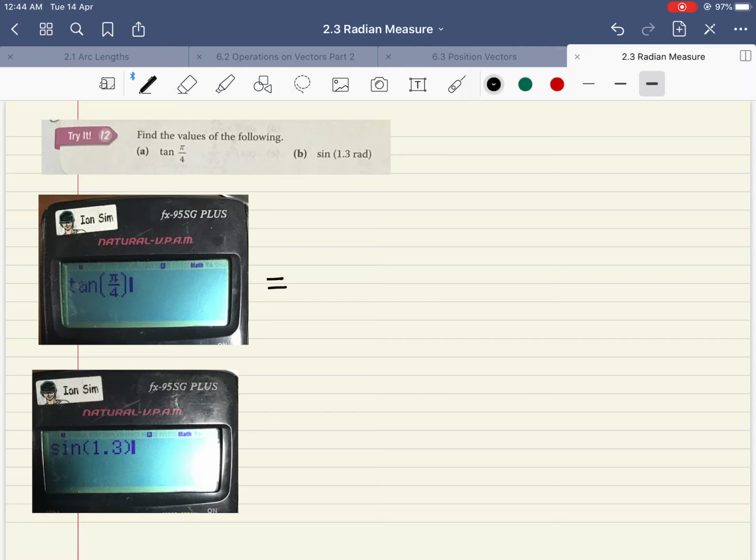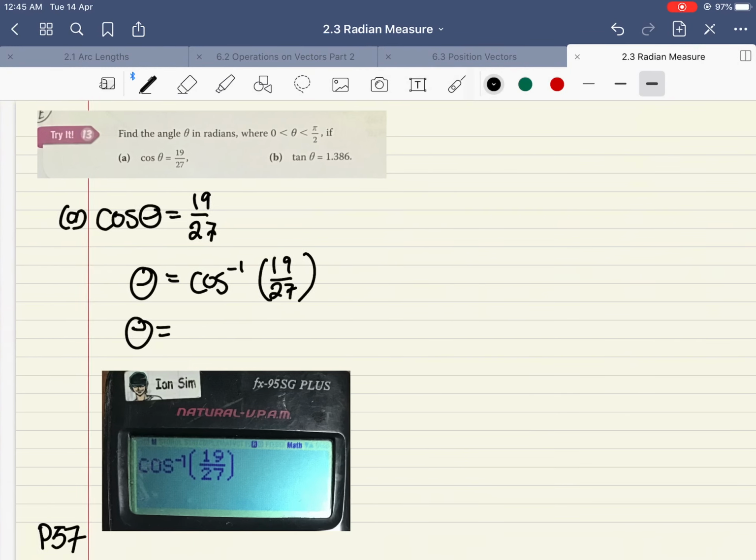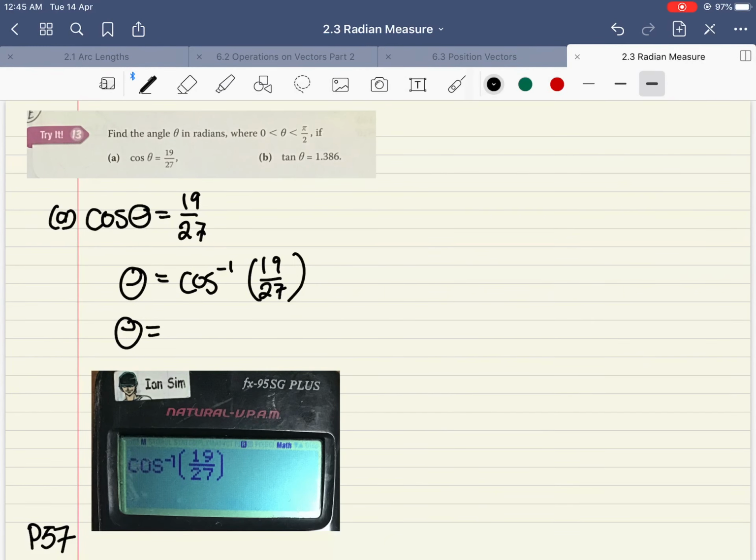For tangent of pi over 4, if your calculator is in the correct mode, it will give you the value of 1. Similarly, if you key in sine of 1.3, you should get the value of 0.964. Please try to key this in your calculator to see that you actually get the correct values.